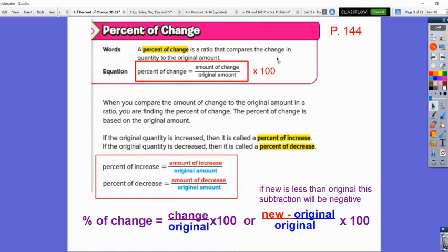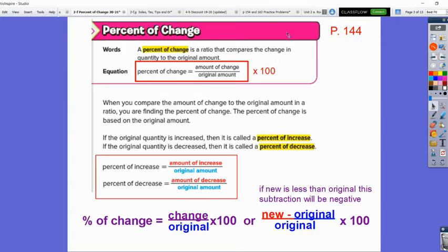Okay, so percent of change is a ratio, and it compares the change in a quantity to what it started at. When you compare the amount of change to the original amount, you're finding the percent of change. If the amount goes up from the original to the new amount, then it's a percent of increase. And if the amount went down, then it's a percent of decrease.